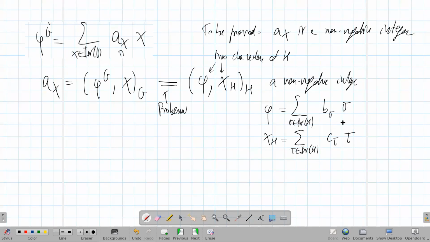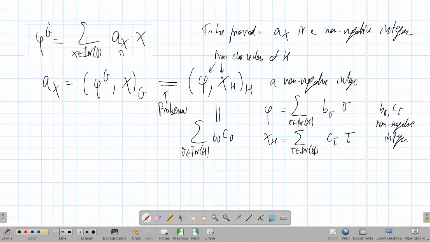They are sums of irreducible characters of H, with B sigma and C tau non-negative integers. And then what's this product? Well, because these are orthonormal, this will simply be the sum over sigma in H of B sigma C sigma.